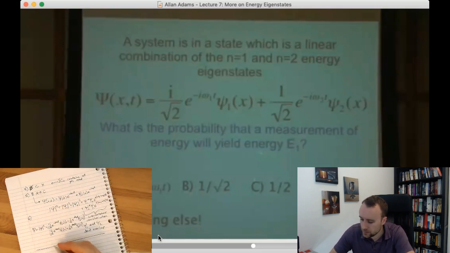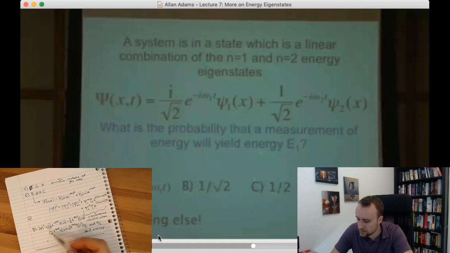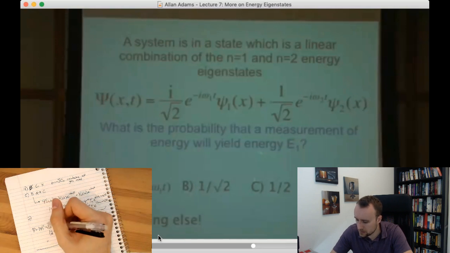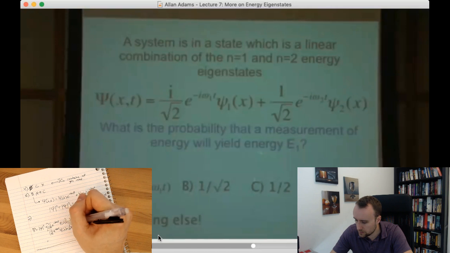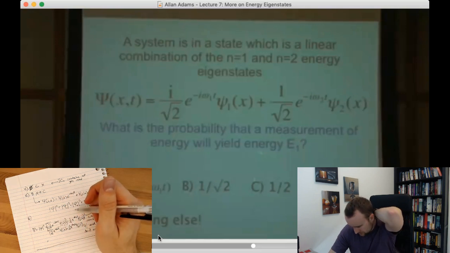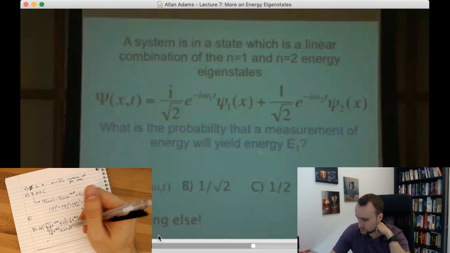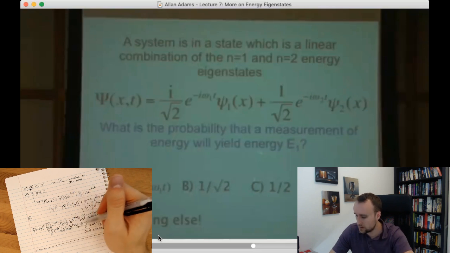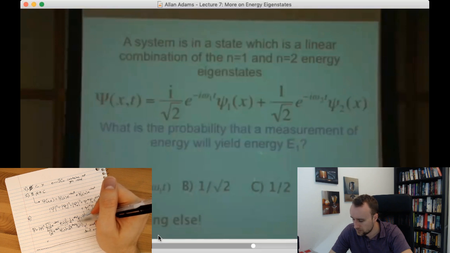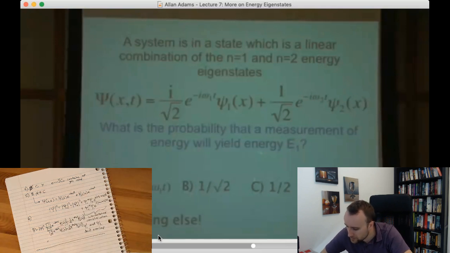So we're going to have these two multiply out, and this probability density is going to be equal to, let's see, this is going to be i times this, which is real, and this is going to be real, and this is a little bit of a mess right here.